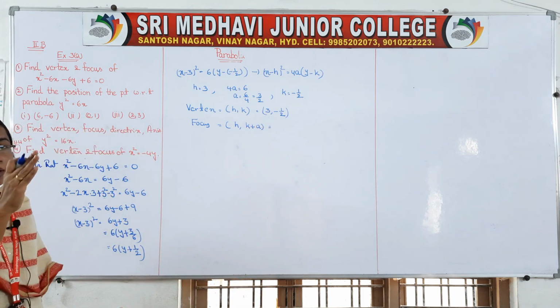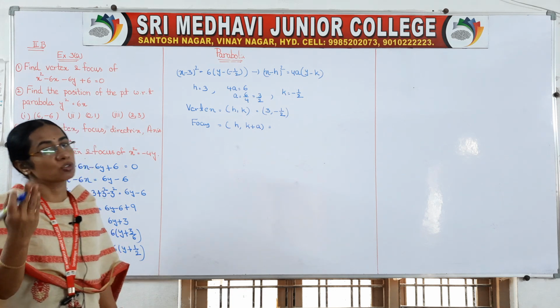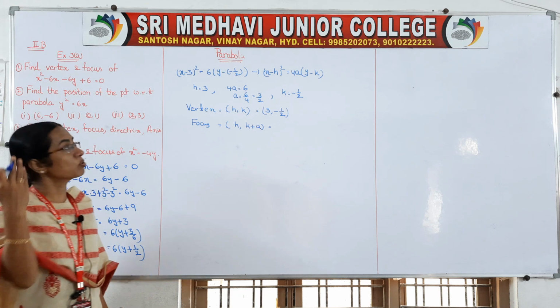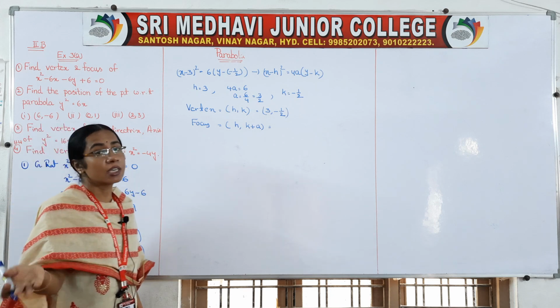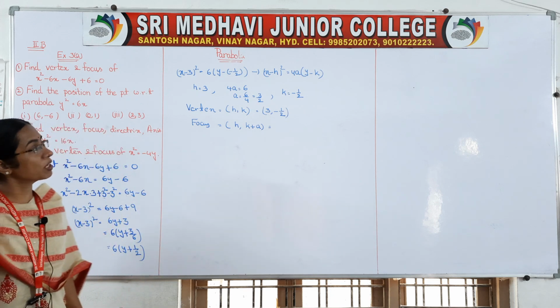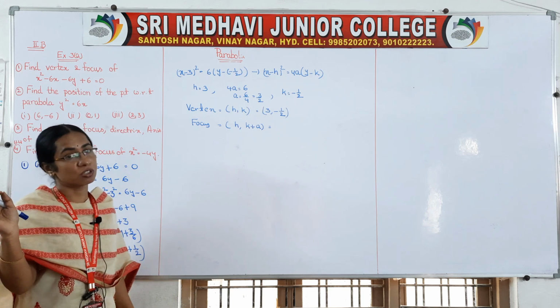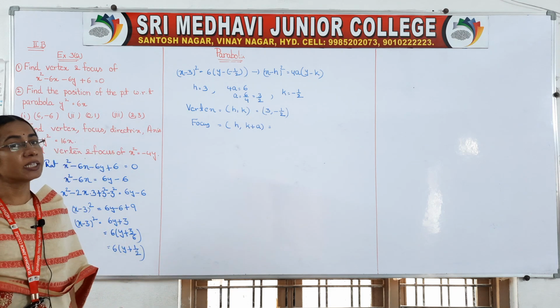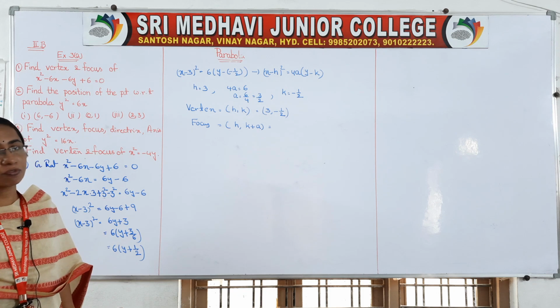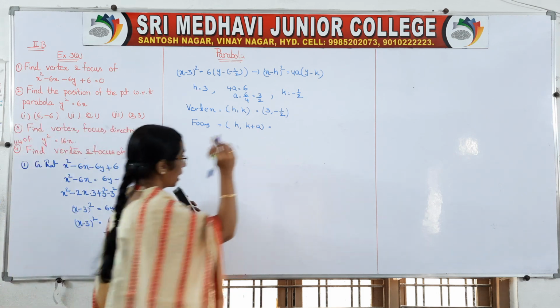I said learn by heart all the 8 forms, right? So they can ask any question. If only vertex and focus are asked, that will be for 2 marks. Suppose everything is asked, that comes under the 7 marks question. So you have to learn by heart all the formulas of the 8 forms of the parabola.